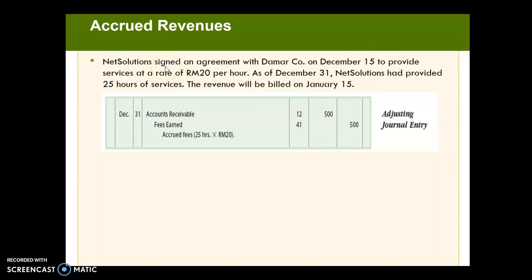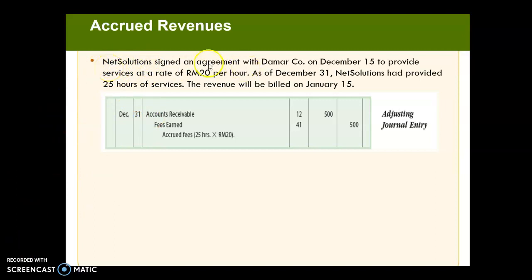In this example, Net Solutions signed an agreement with Dharma Company on December 15 to provide services at the rate of 20 ringgit per hour. On December 31st, Net Solutions has provided 25 hours of services. So we have to record the revenue for the services.